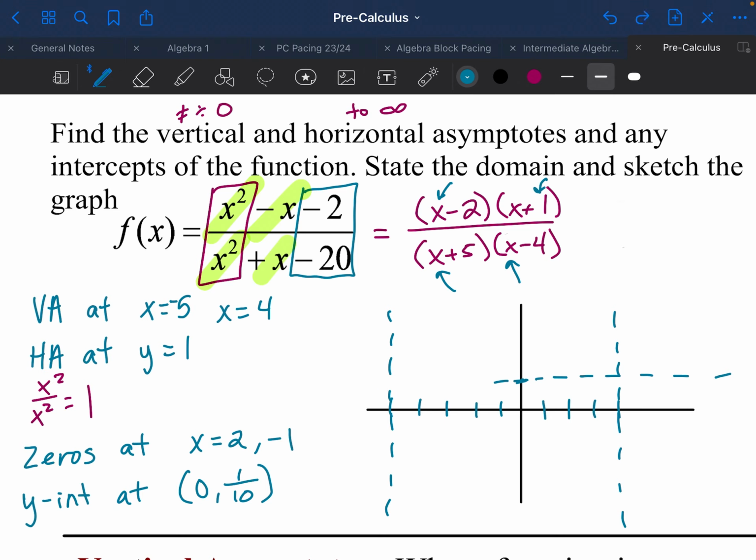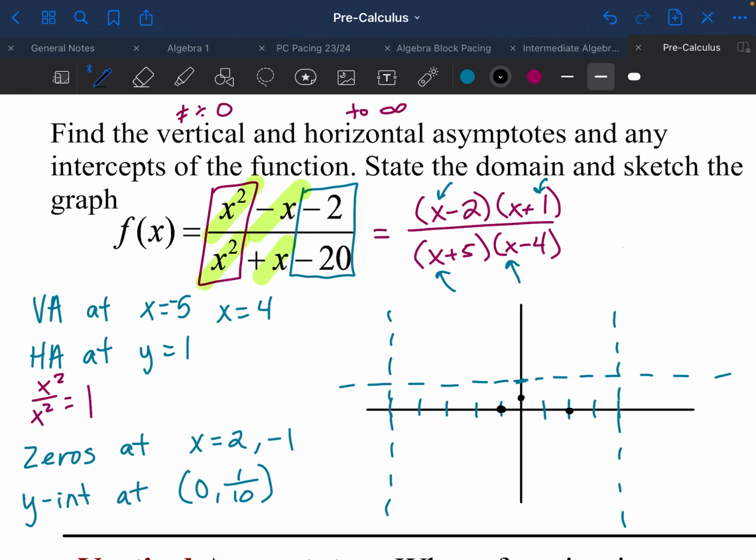That was too crooked for me. Perfect. On to graphing. Let's plot our zeros, 2 and negative 1. Y-intercept, 1/10. Close enough. As long as you have it labeled somewhere in your work, that's fine.